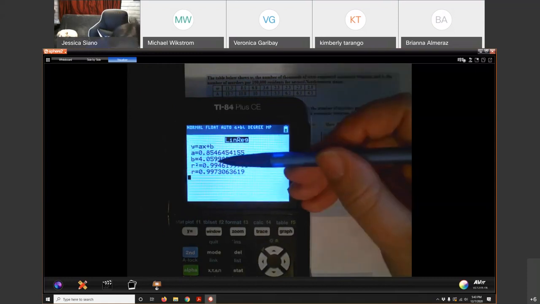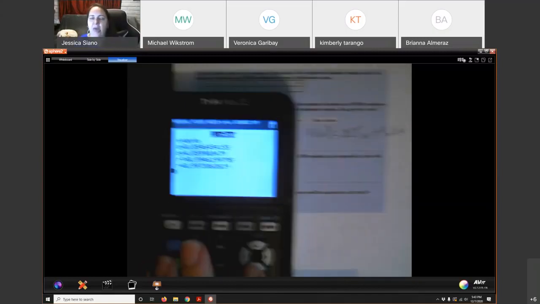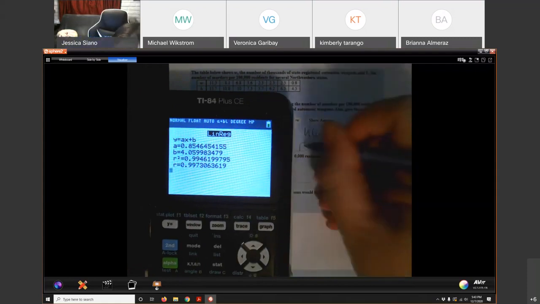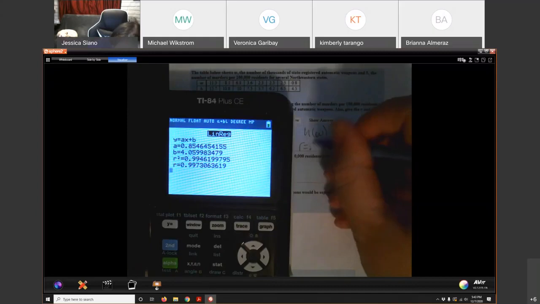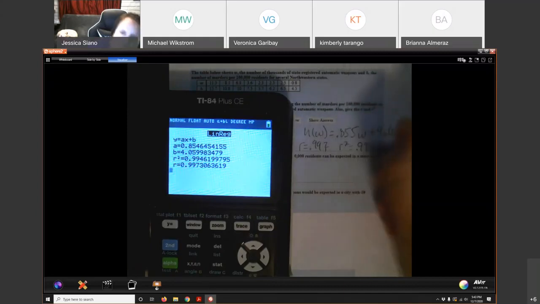This 9 is going to round this 9 up, which is going to round this 5 up. So 4.06 would be 3 decimal places. It's really 4.060. And then R is 0.997 and R squared is 0.995.